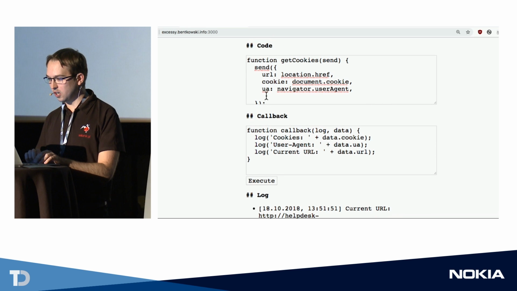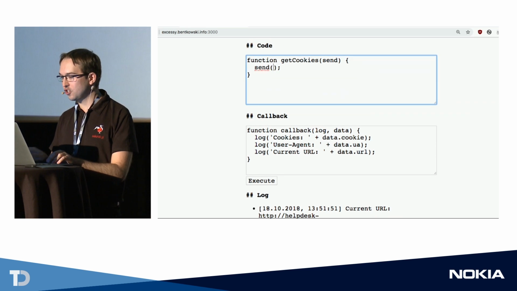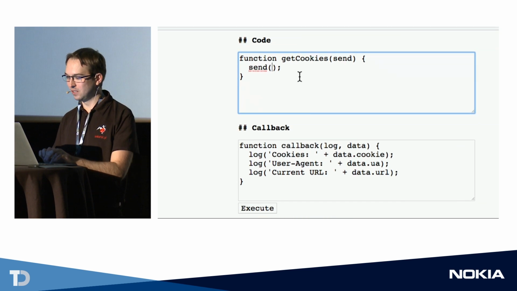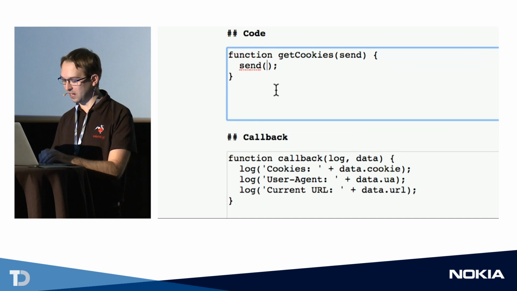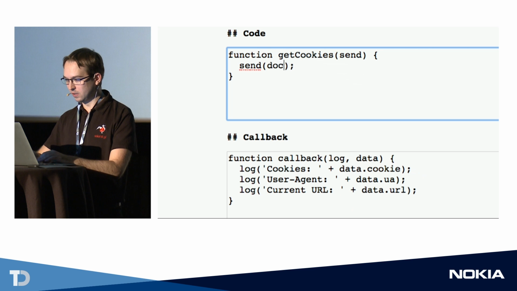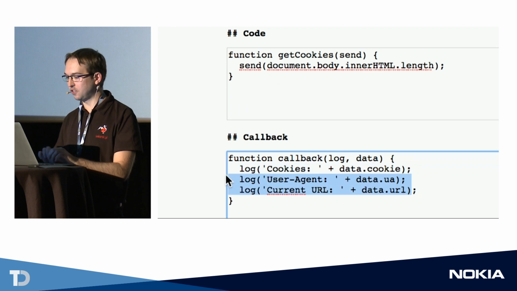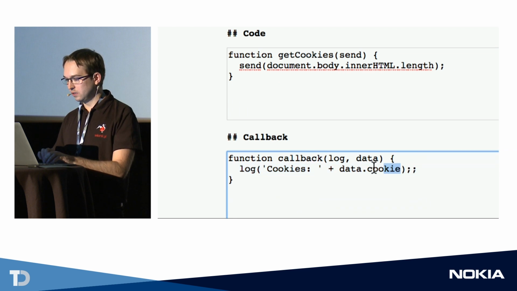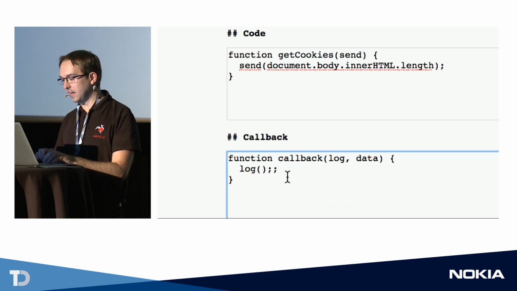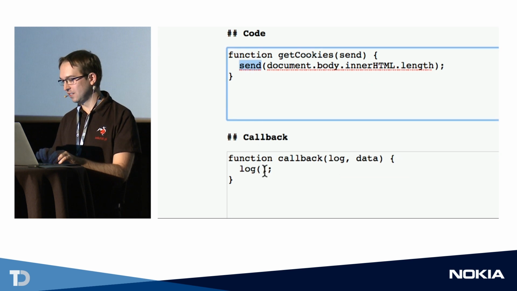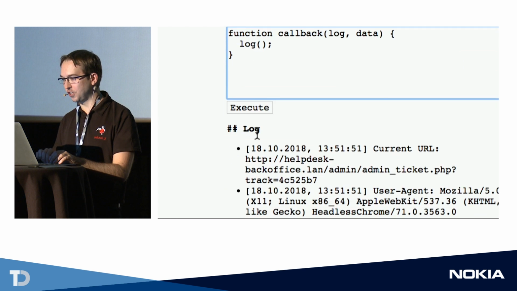The thing that is also important to note is that I can inject any code I want over here. So if for some reason I want to read, let's say, document body innerHTML length, so the length of the HTML of the page, then I can define in the callback how the answer from the send should be logged in the log over here.